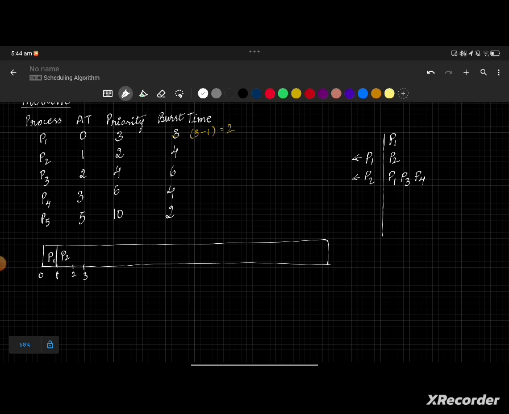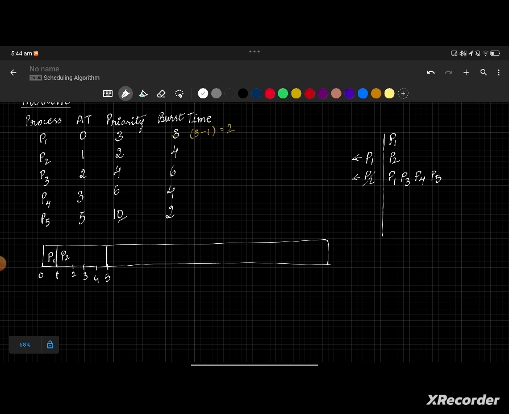Then it completes till 4. No process comes during 4. Then it completes till 5. During 5, P5 came into the ready queue with priority 10, which is lower compared to P2. P2 had a burst time of 4, and it has completed 4 milliseconds here.